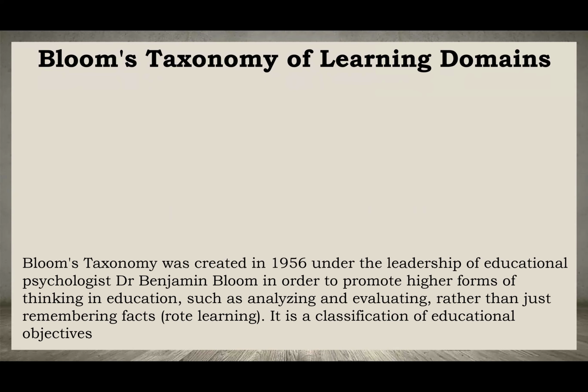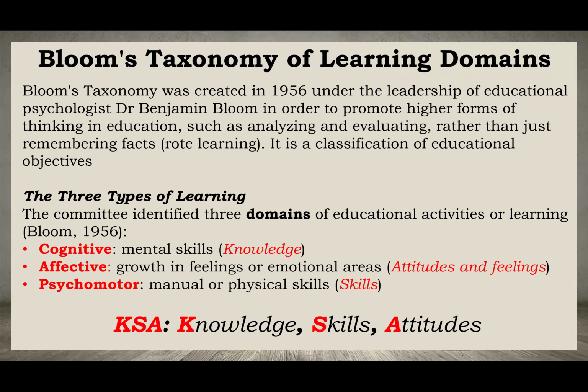Bloom's taxonomy, as we said, is the framework used to classify and organize different levels of thinking and learning. It was first created by the educational psychologist Benjamin Bloom in 1956 and later revised in 2001. The purpose of Bloom's taxonomy is to help educators design curriculum and assessment that encourage higher order thinking and a deeper understanding of content.